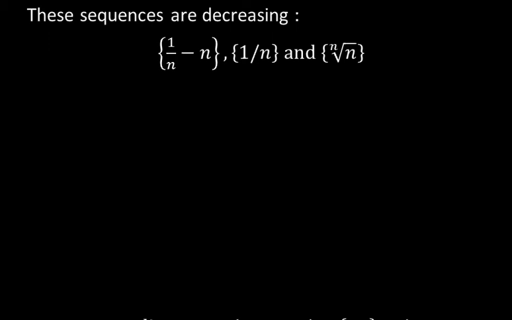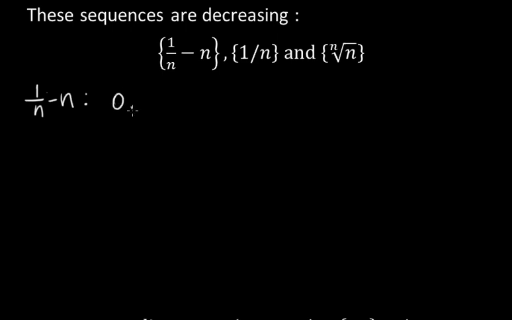Now let's look at some decreasing sequences and see if we could conclude something about when decreasing or monotonic decreasing sequences converge. Well, the first one, we see 1 over n minus n.